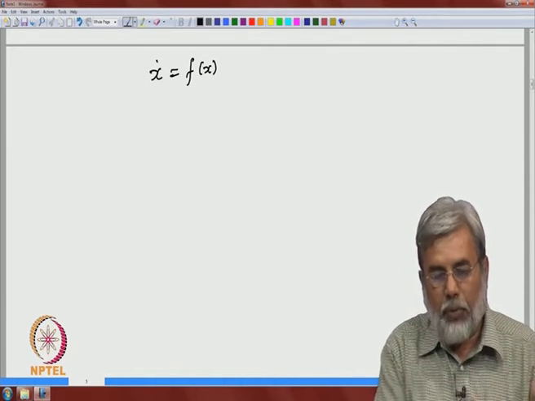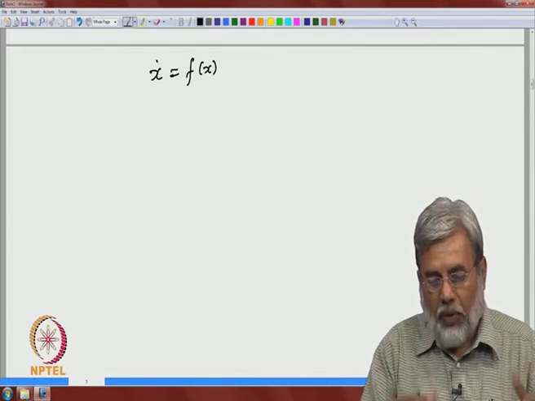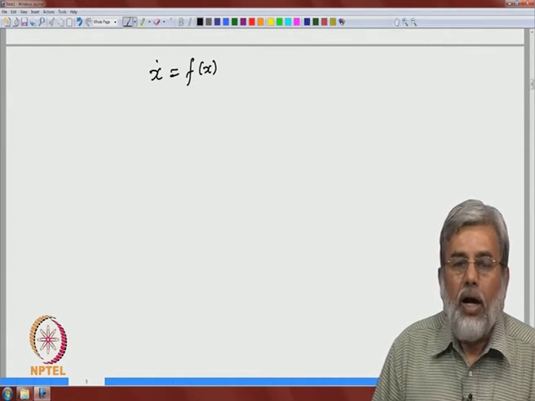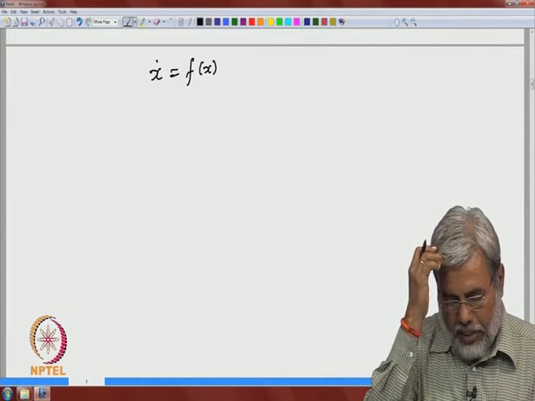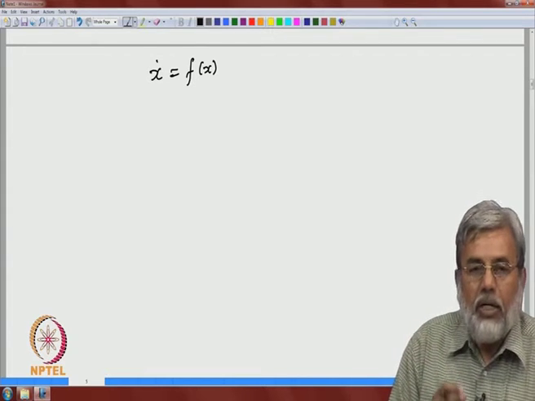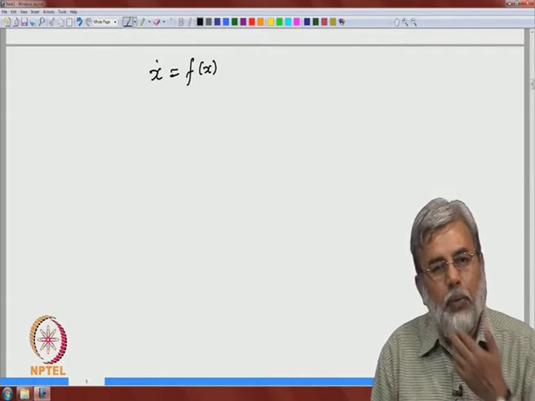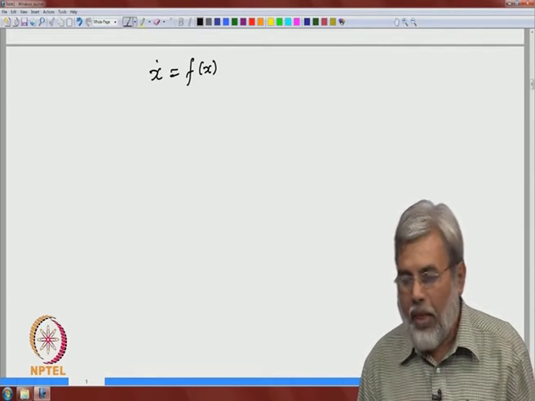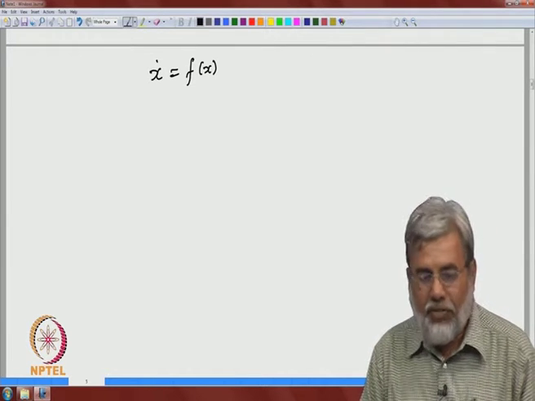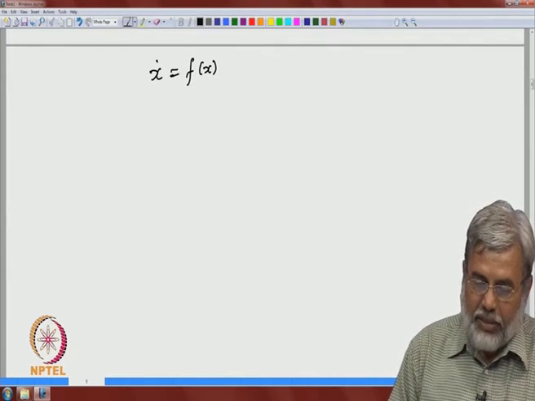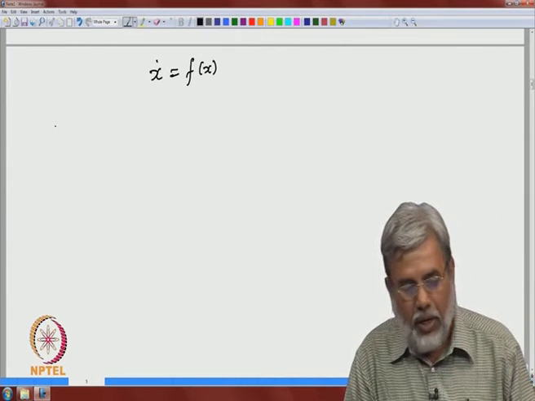I have worked out a few examples, that is fine, but suppose I want to decide when a given equilibrium point will be stable or unstable or asymptotically stable, what should I do? Okay. That is the next question, and we have already done enough of this in a special case. That is our starting point.